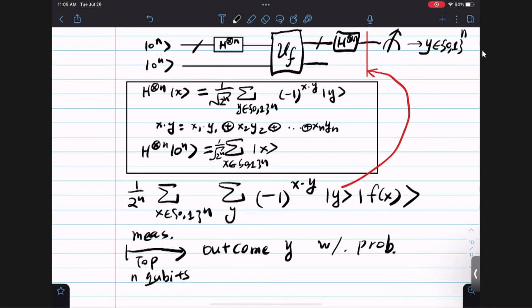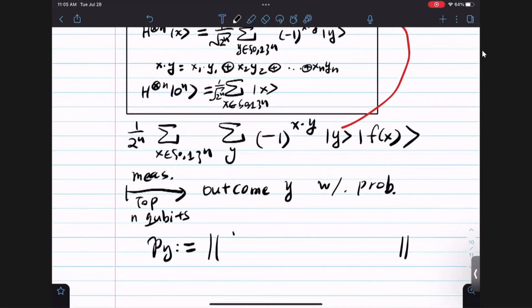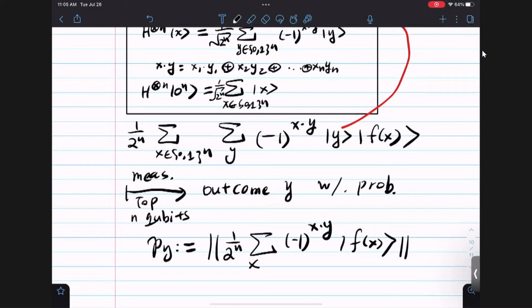The probability will be proportional to the norm squared of what's in front of y. So we have 1 over 2 to the n, summation over x, and then (-1) to the x dot y, and also this f of x register here. So this is a vector, right? You take the 2-norm, and that's going to be the probability of seeing this outcome y.